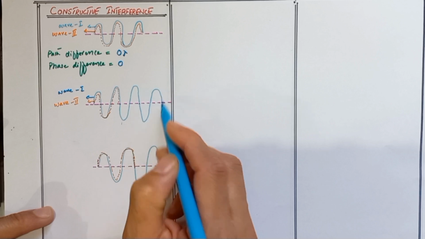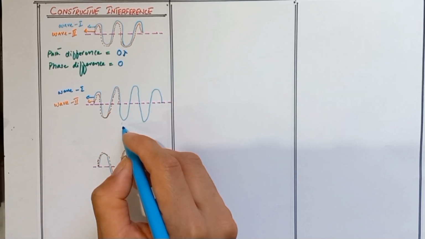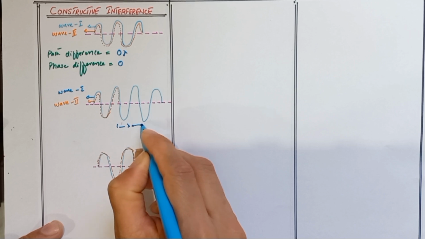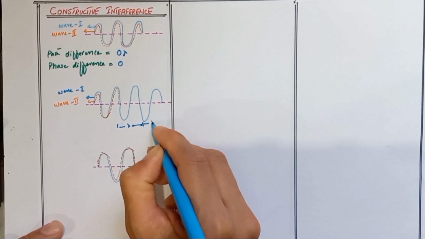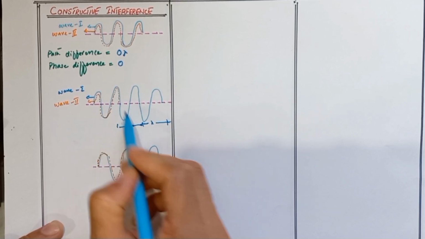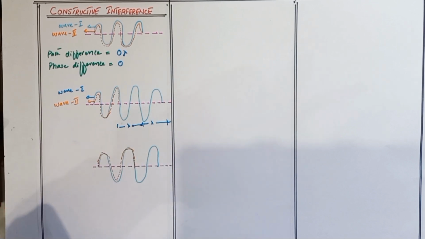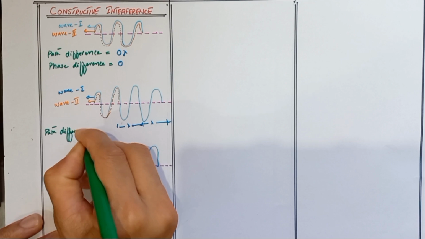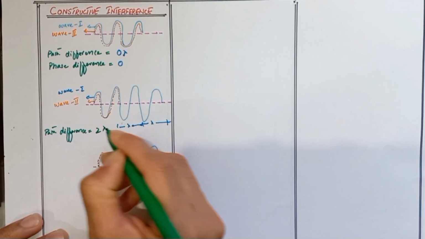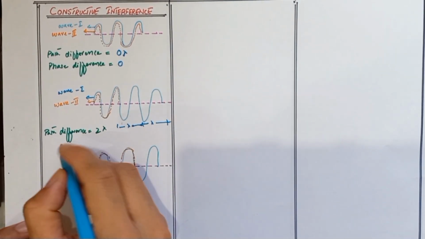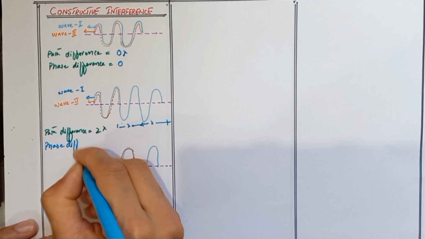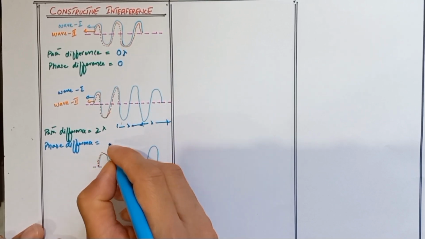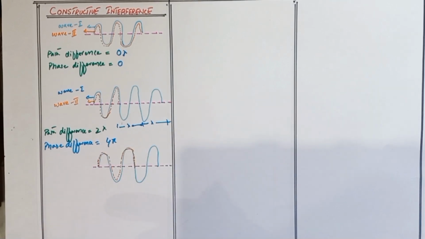The blue wave travels an extra distance of 2 lambda. So the path difference between the blue wave and the dotted wave is 2 lambda, and the phase difference, the extra phase the blue wave covers, is pi plus pi, 2 pi, 3 pi and 4 pi. So the phase difference is 4 pi.